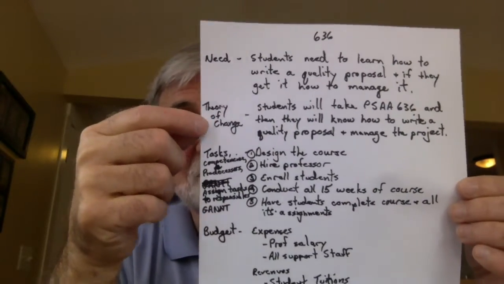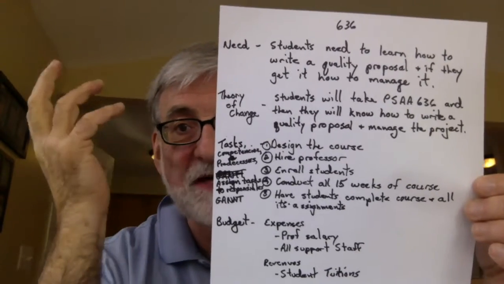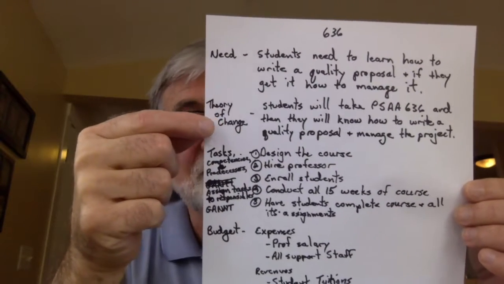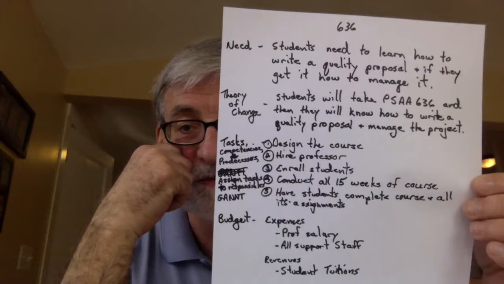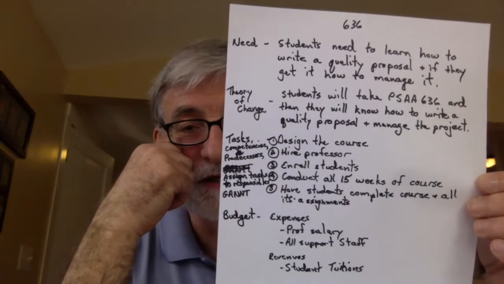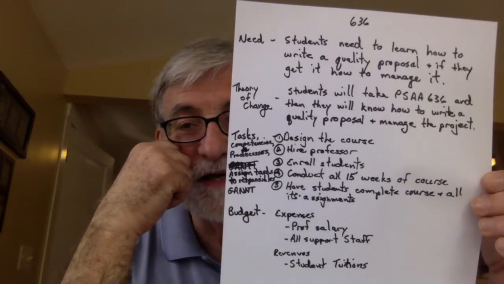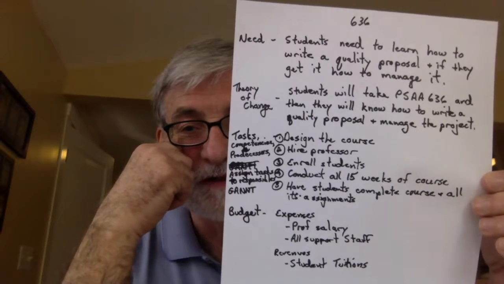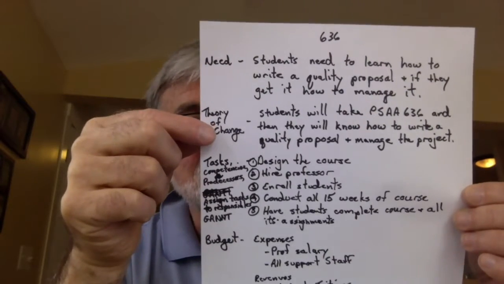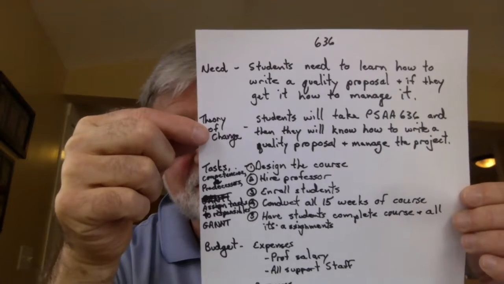And so the theory of change is, okay, if students need to learn how to write a quality proposal and manage it if they get it, then we're going to try to say that if they in fact take this course, PSAA 636, then they'll come out the other end knowing how to write a quality proposal and how to manage it. That's sort of in your need statement. That's the need that needs to be addressed, and this is how we're going to address it.